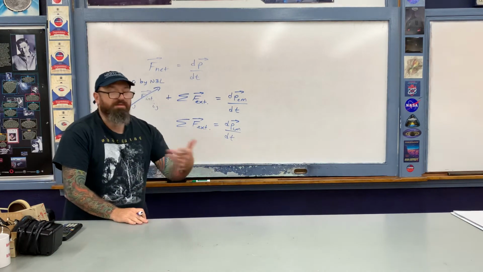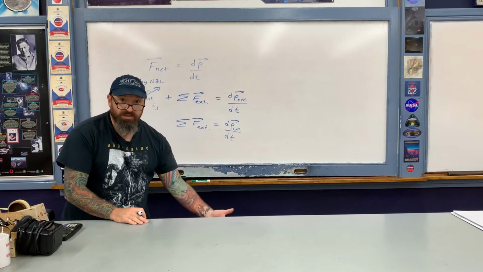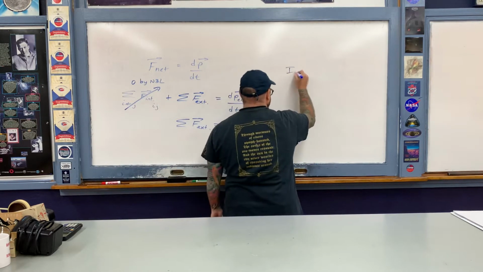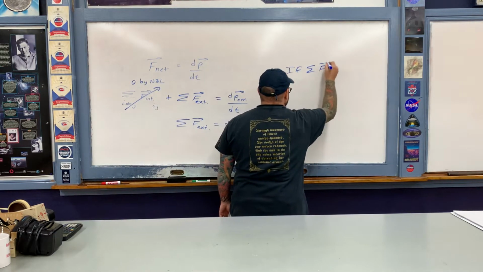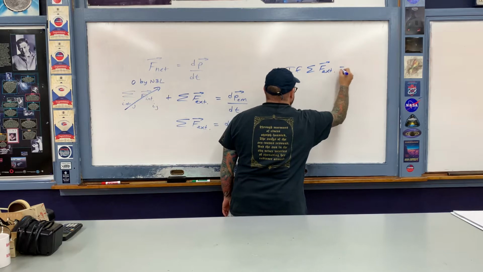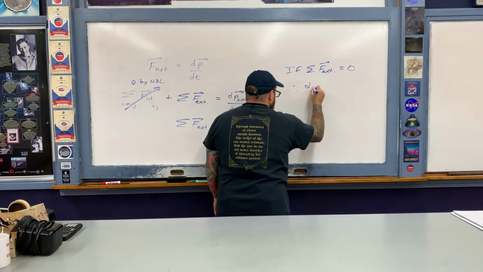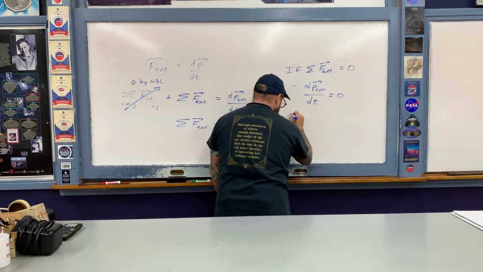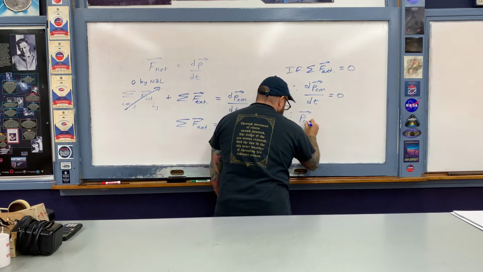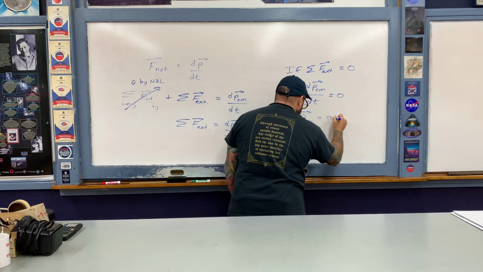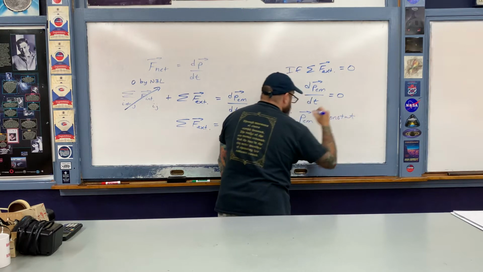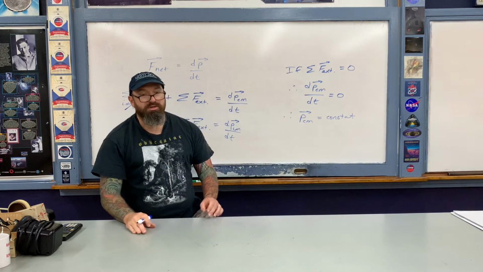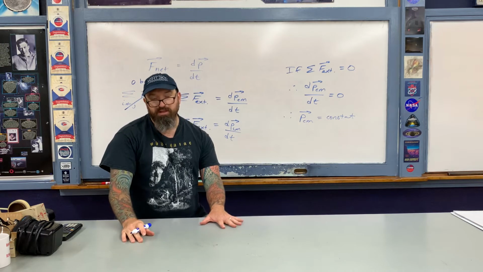And then if the sum of the external forces acting on a system equals 0, therefore the change in the momentum of the center of mass of the system with respect to time is equal to 0. Therefore, the momentum of the center of mass is a constant. And then recall, of course, that this situation is referred to as conservation of linear momentum.